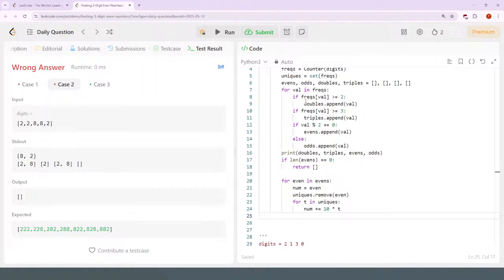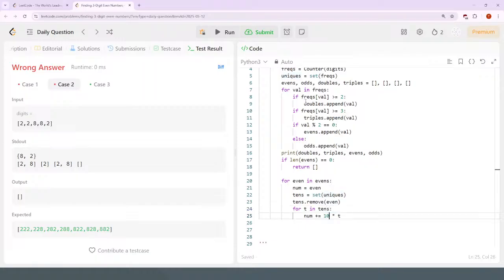And then I need to remove this from my uniques again. Then that's going to change uniques. So maybe I need to duplicate the set. Tens is equal to the set of uniques. And then tens remove this even.